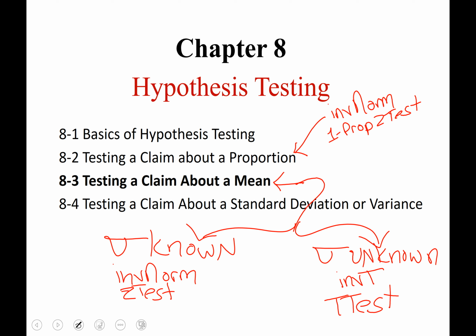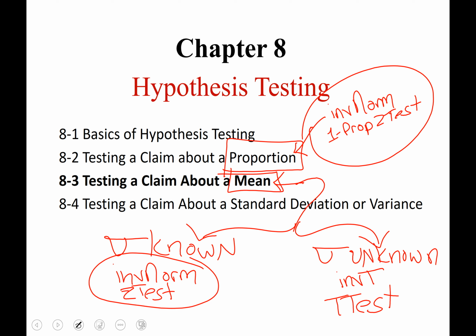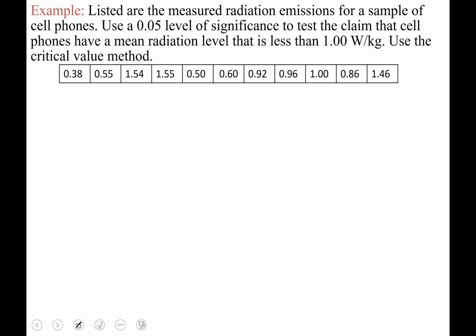So before we go to our first example, focus on this slide. When the claim is about a proportion, these are the two main programs you're looking at. When the claim is about a mean, you're going to have to decide, am I running inverse norm and Z-test, or am I running inverse T and T-test? The main deciding factor is the knowledge of sigma or not.